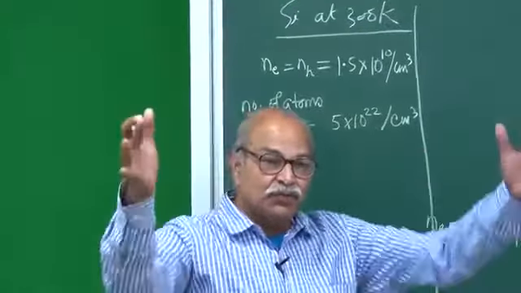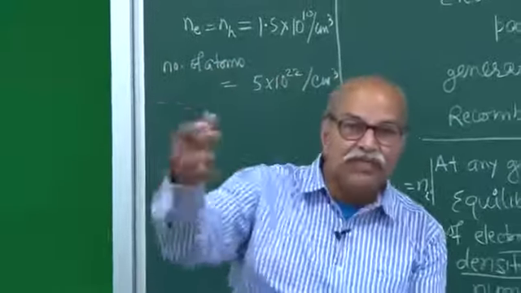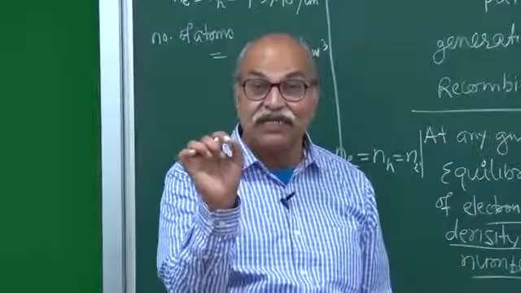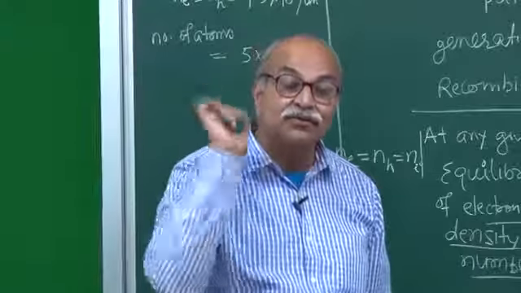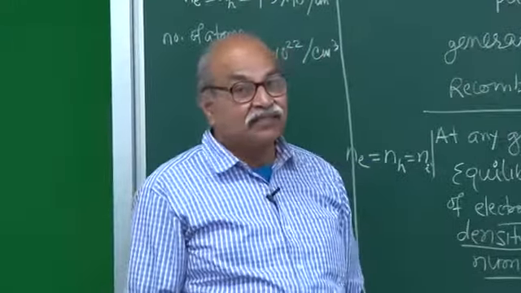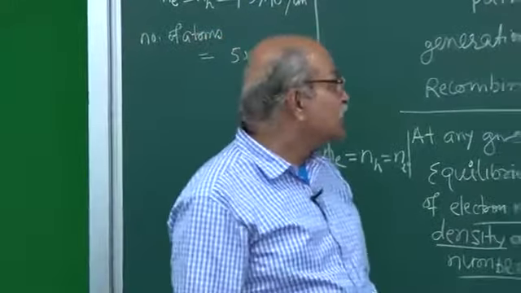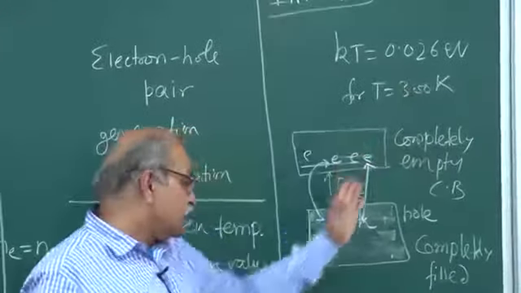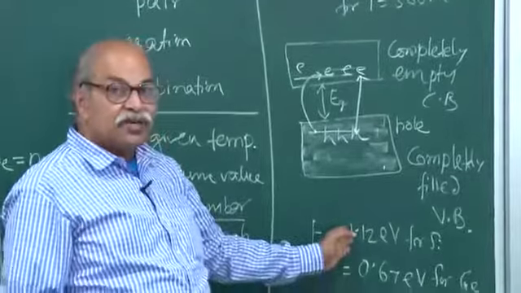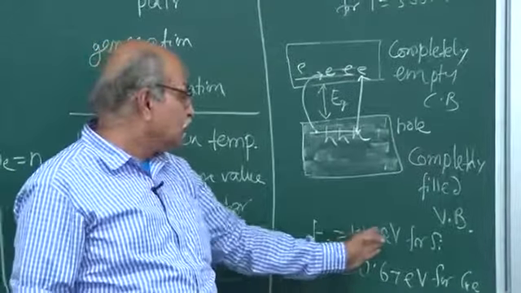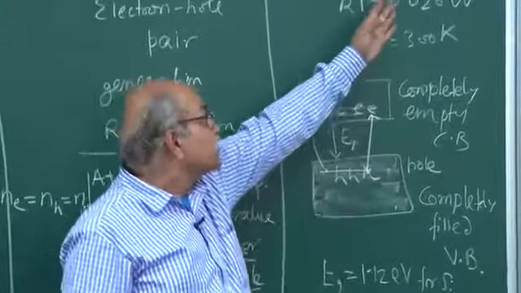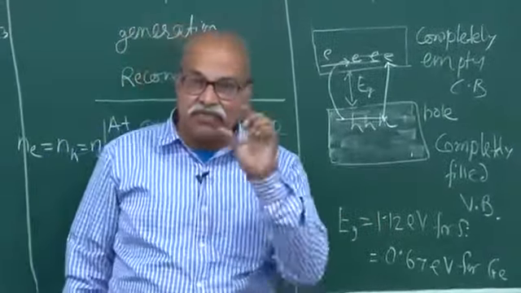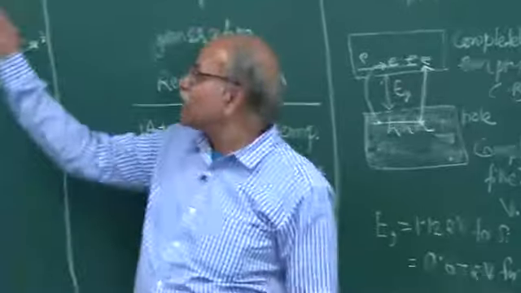With those many atoms, with those many covalent bonds, on the average one bond is broken and that electron has gone to the conduction band. And that is reasonable because our kT is 26 milli electron volts and the gap is 1.12 electron volts. As compared to this it is quite large, and therefore the probability will be small, and hence this fraction.